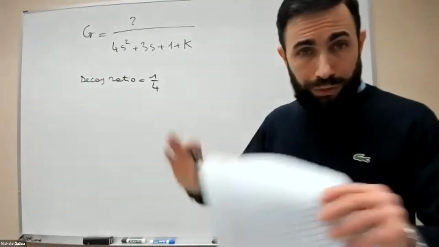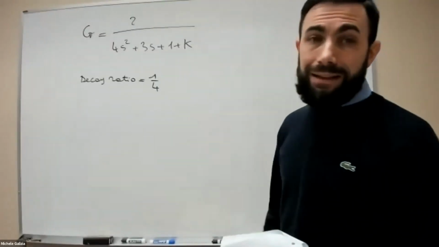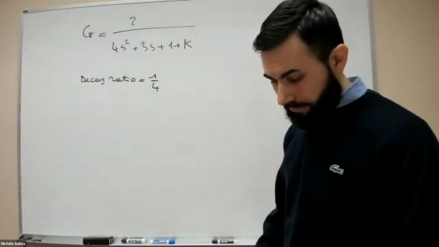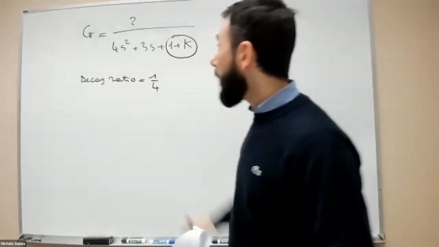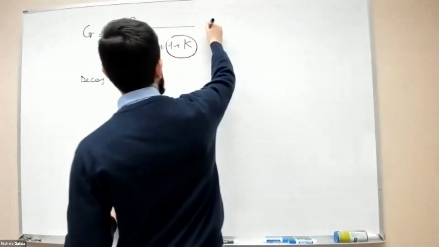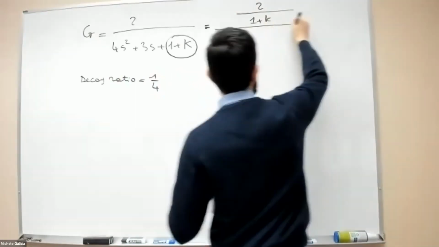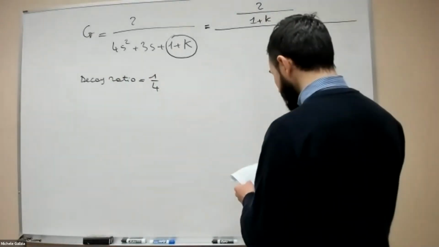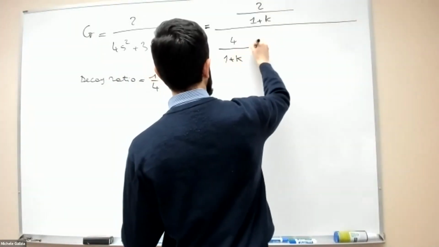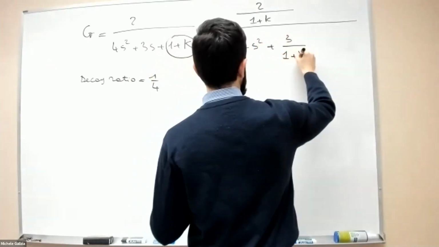So just to recap, is this a transfer function written in the standard form? No, because here we have 1 plus k, and we need to have 1. So last time we saw that in the standard form this transfer function will look like this.